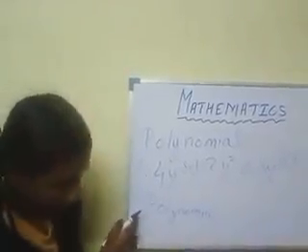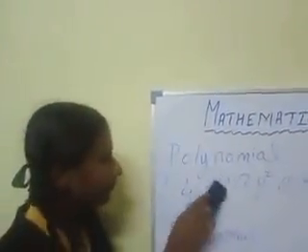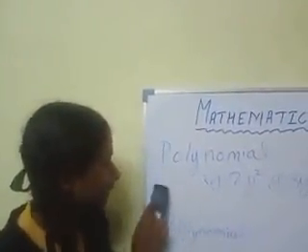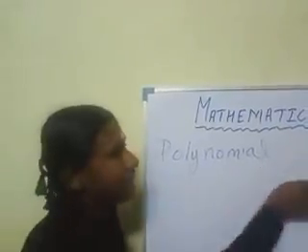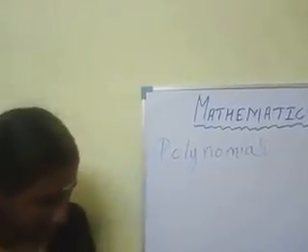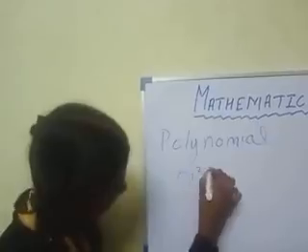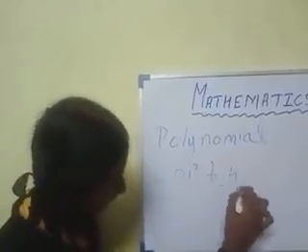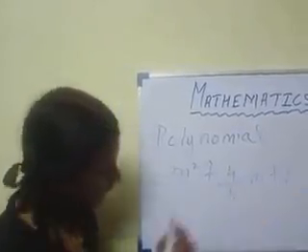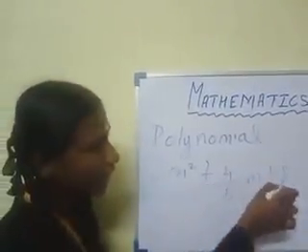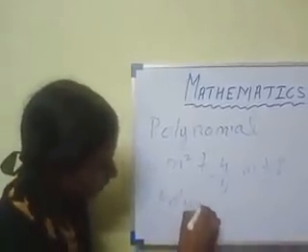So this is a polynomial. Next example for a polynomial: m square plus 4 by 5 m plus 8. It is also a polynomial, as it does not have negative powers. So it is also a polynomial.